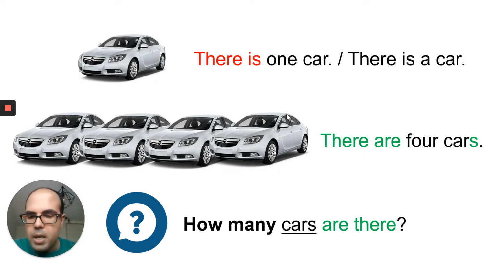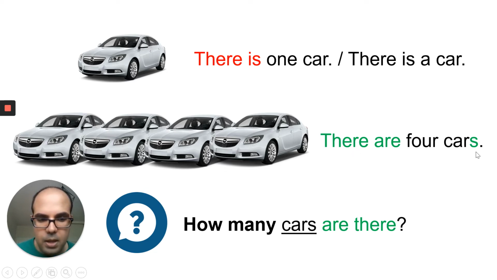And you can ask how many cars, how many felt tip pens, how many animals, okay? Anything that you want to ask. But look at this. What happens between there are 4 cars and how many cars are there? There is something strange there. Okay, when we are asking the question, we have to change the positions of these two words. You have to change the position of there and are.